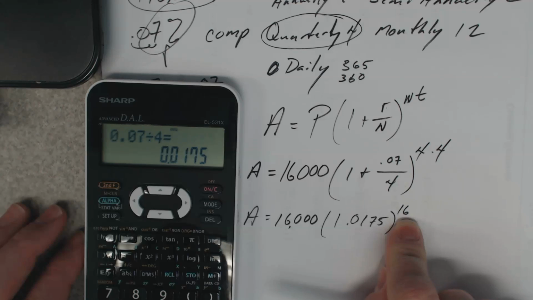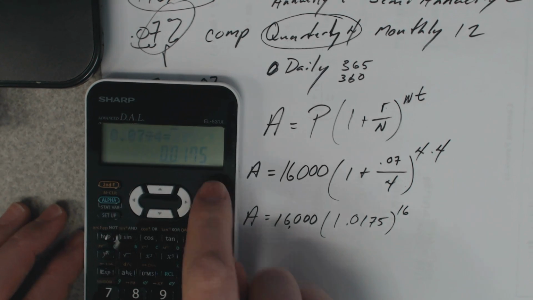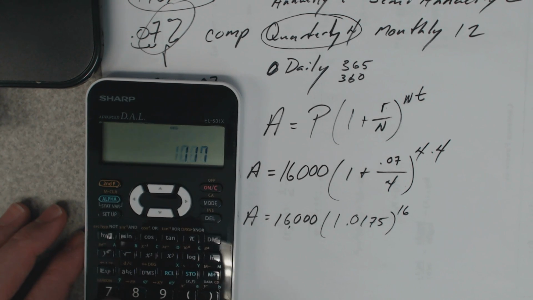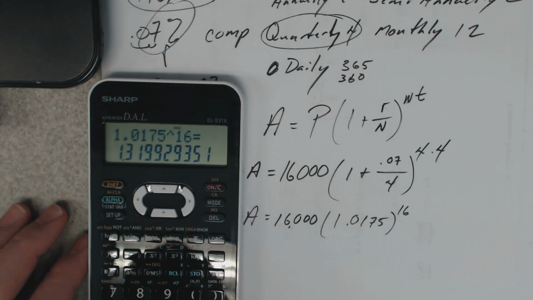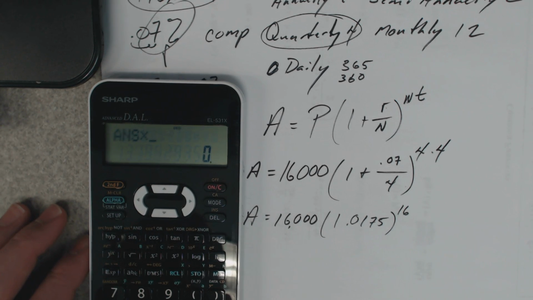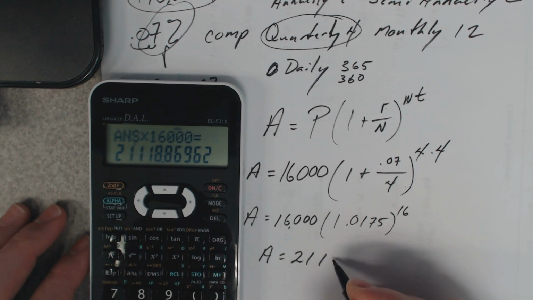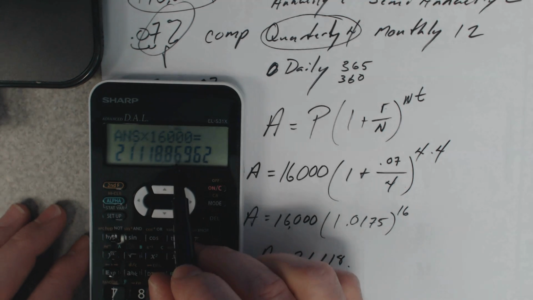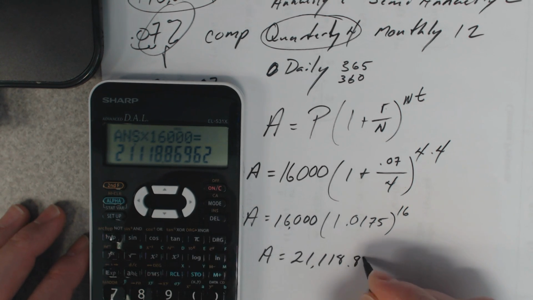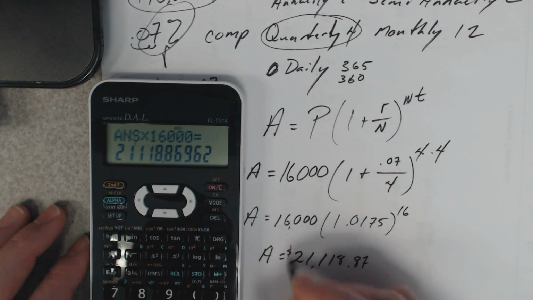Order of operations says I do the power first. 1.0175 to the power of 16 gives me this big number, and I'm going to multiply that by 16,000. And I'm left with $21,118 and 87 cents, rounded to the nearest penny.